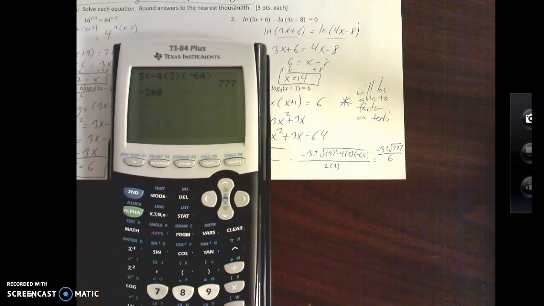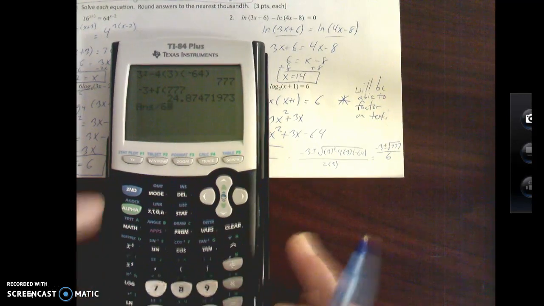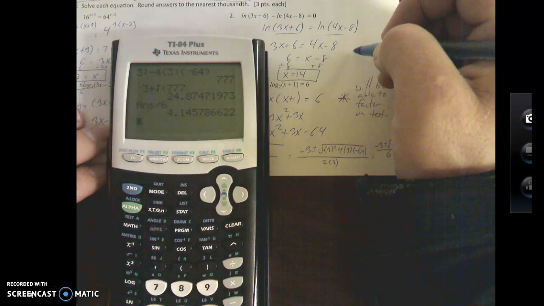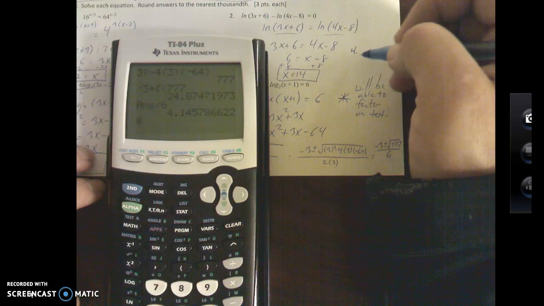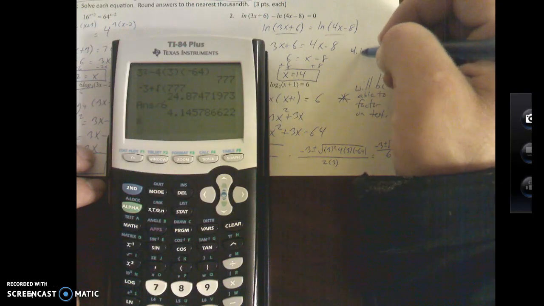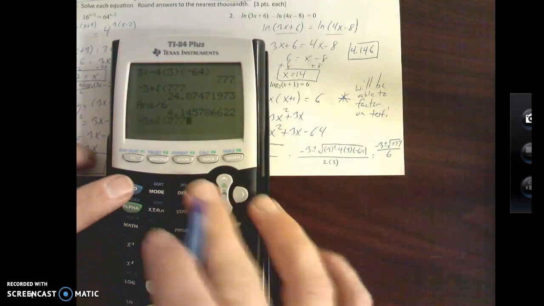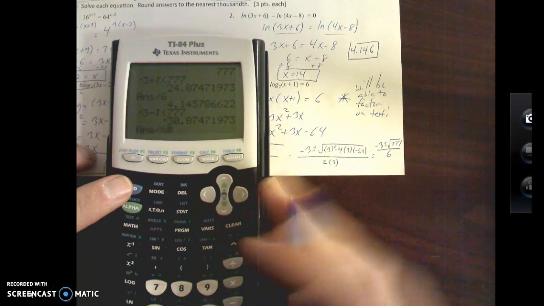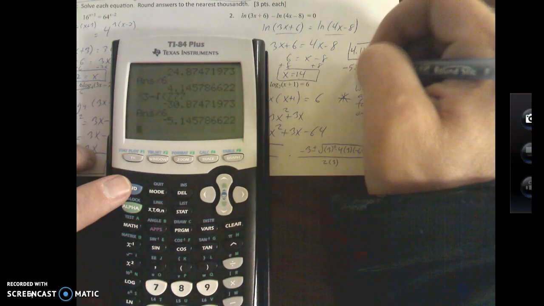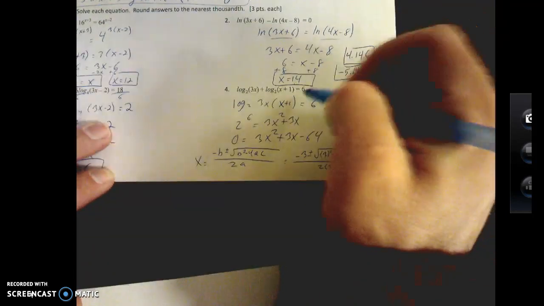If I do -3 plus square root of 777 divided by 6, I'm going to get an answer of 4 point, now if we're going to the nearest thousandths, that would be 3 decimal places, so 4.146. And if I did that with minus, -5.146.